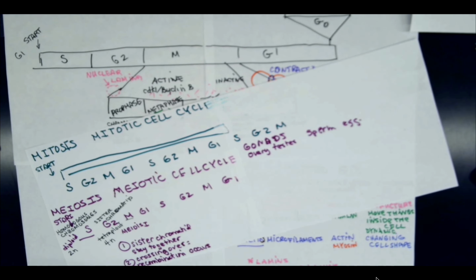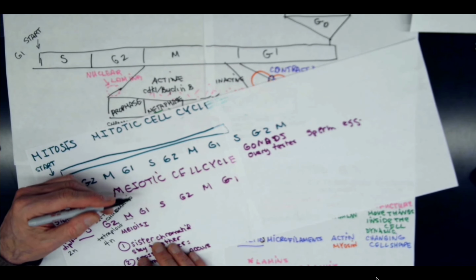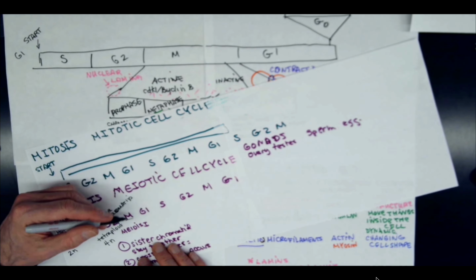Now, then in this G1 now we have a different situation, because the chromosomes have gone down from tetraploid, and we've had meiosis and cytokinesis. The cell divides into two cells. So now we have two cells.